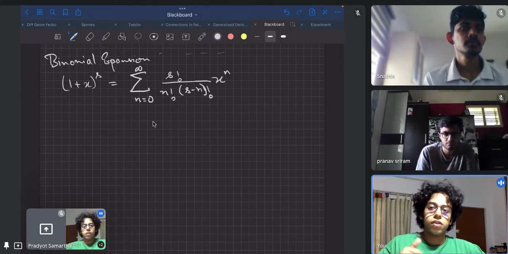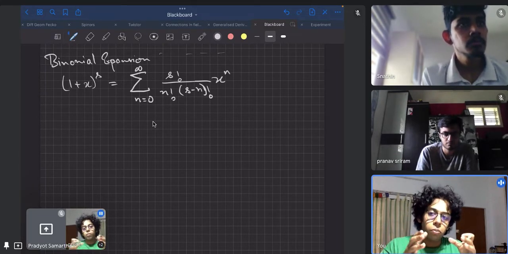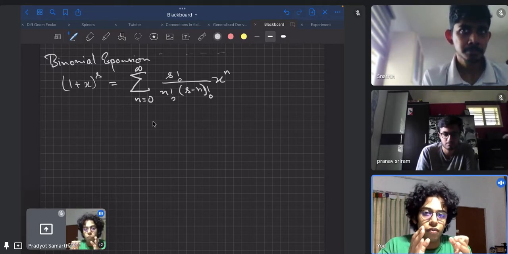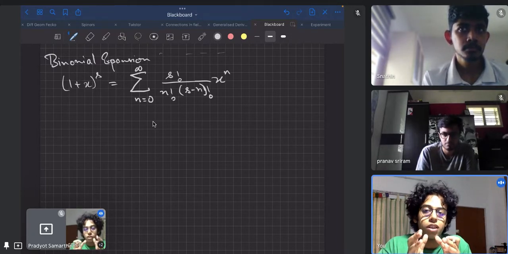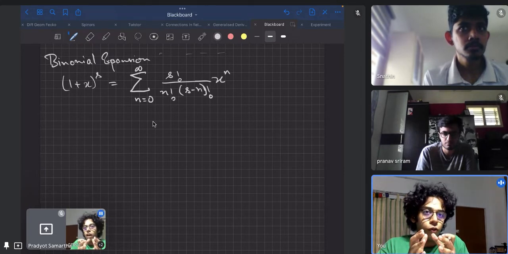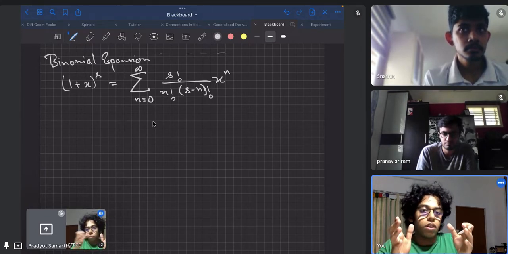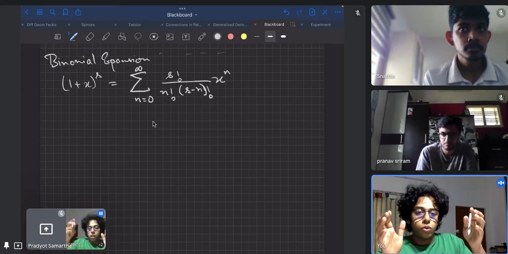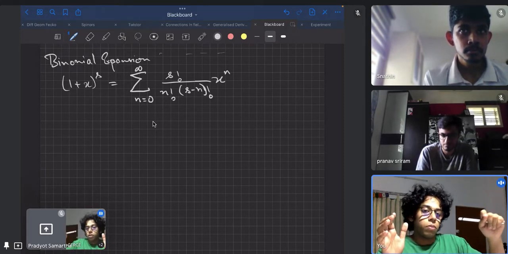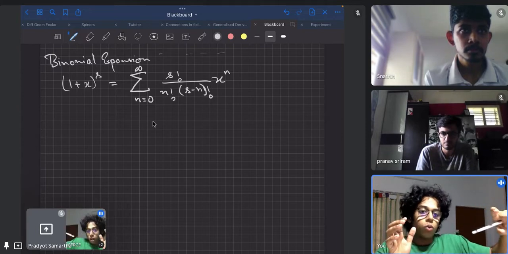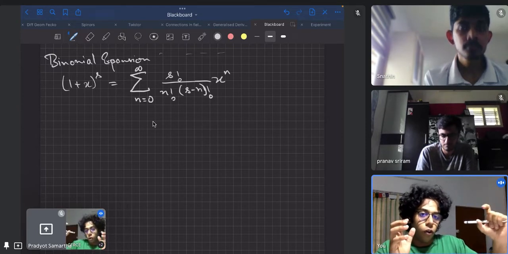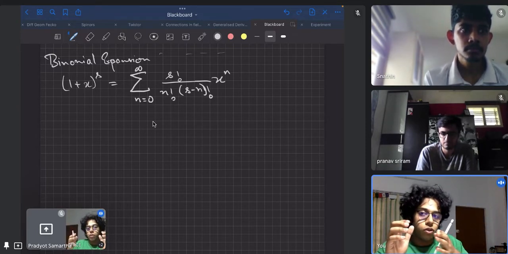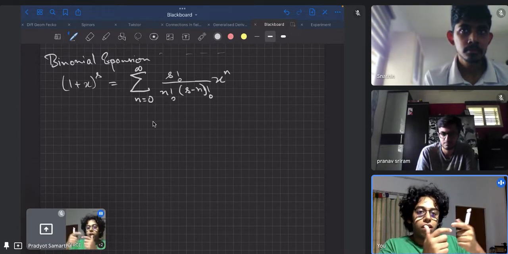As a refresher, this theorem originates from a simple fact. For example, if you have x plus y the whole square, you have x square plus y square plus 2xy. The coefficient of 2 is there because you need to multiply the brackets 2 times.